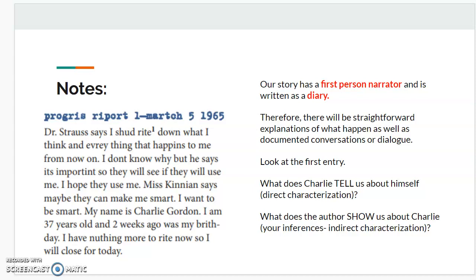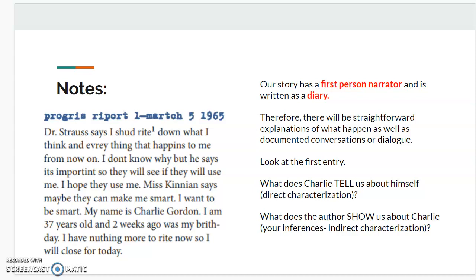The first thing I want you to recognize is that this short story has a first-person narrator, and it's written as a diary. So as you read it, you're essentially going to be reading our character's diary entries. And so there's going to be straightforward explanation of what happens as well as documented conversations or dialogue.